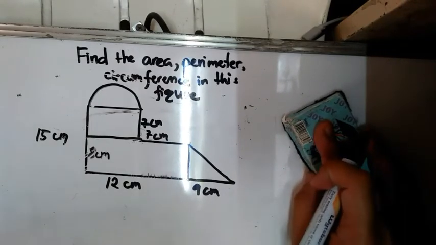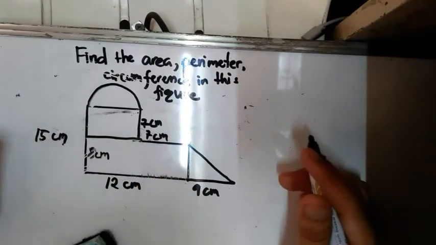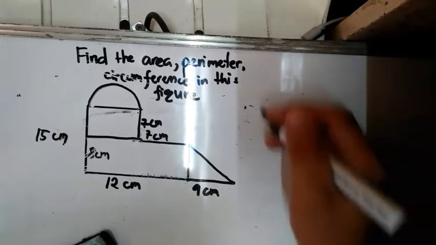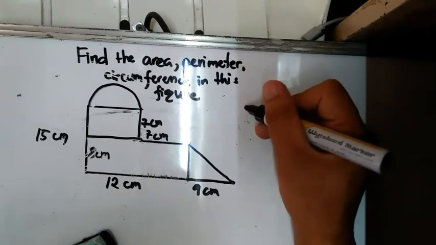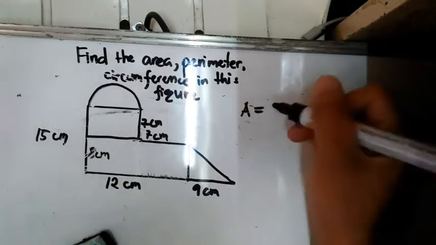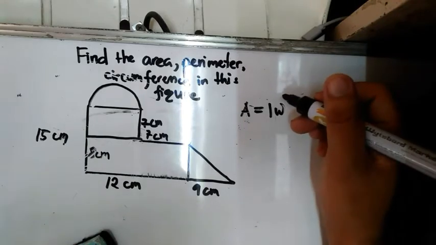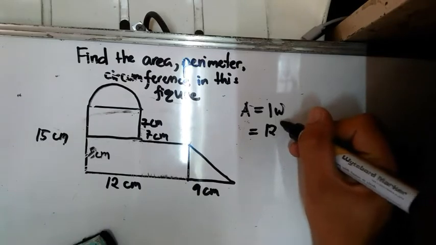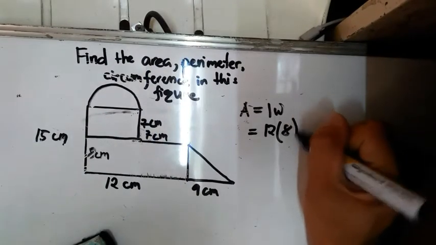So now we can find the area of this rectangle. The formula of the area is length times width. Our length is 12 centimeter and our width is 8 centimeter.